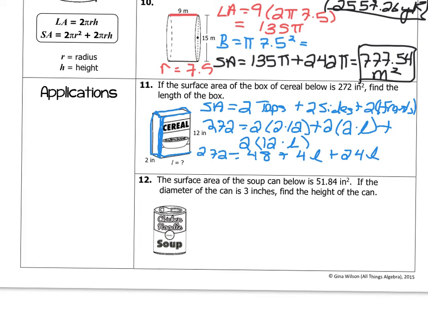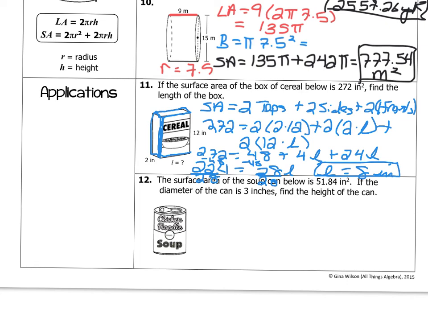And that's going to give us 224, I'm subtracting 48 from both sides, is equal to 28L. Divide by 28, and you end up with your length being 8 inches. So all you're doing is plugging and chugging. You're putting in the area.